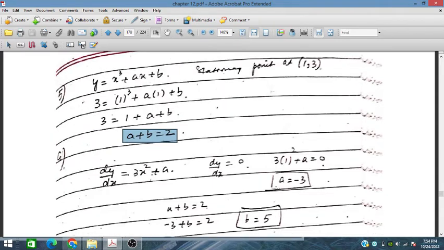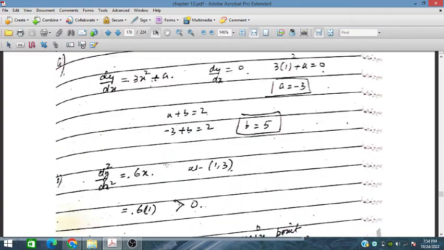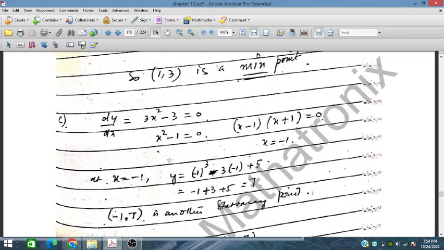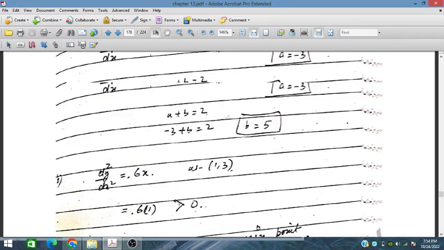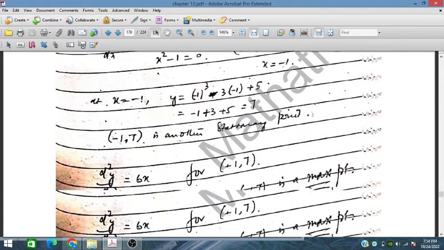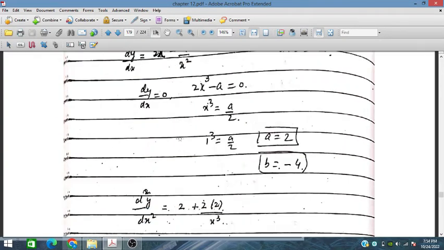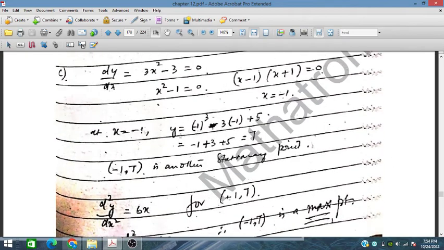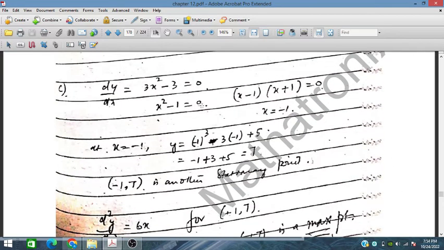Now placing the values, we have 3x squared, and placing a is equal to minus 3, and y is 5. So dy by dx is 3x squared minus 3, since a is minus 3. Taking the first derivative, this is 3x squared minus 3, so x squared minus 1 is equal to 0.